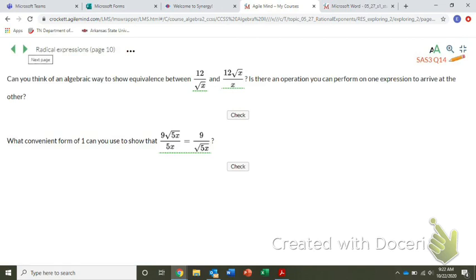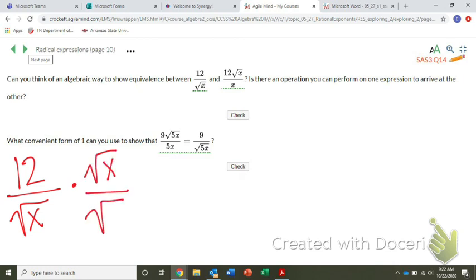We're solving some problems. So it says use algebraic operations to show the following expressions are equivalent. So here's how you show if they are equivalent. So the first one, we have 12 over the square root of x. Now, you cannot have a square root in your denominator. Okay? So in order to get rid of something in the denominator, you multiply by the denominator on the top and the bottom. How do you multiply fractions? Straight across.